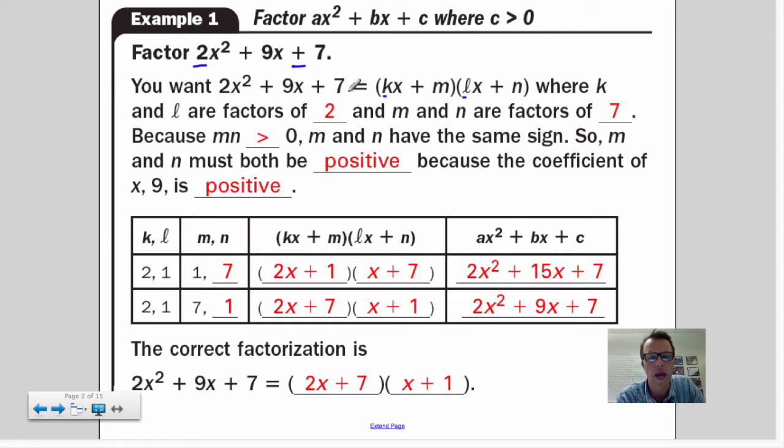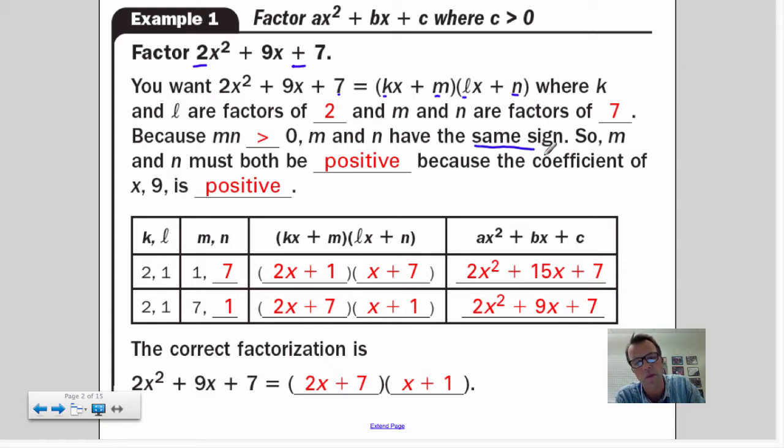And then we'll look at the factors of the number 7, and we'll split them up and put them in for m and n. Very busy instructions here. So where k and l are factors of 2, and m and n are factors of 7. And then because 7, m times n, is greater than 0, they have to have the same sign.